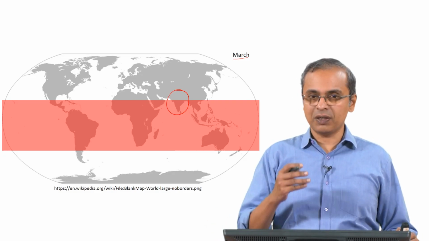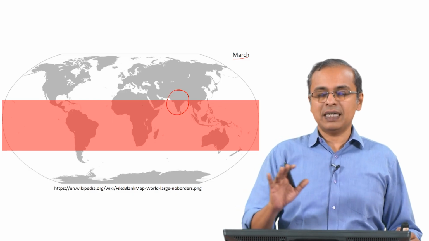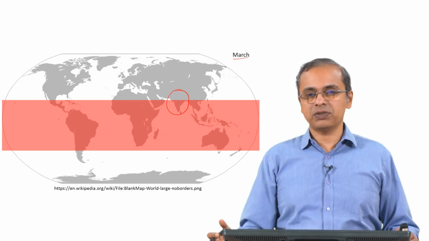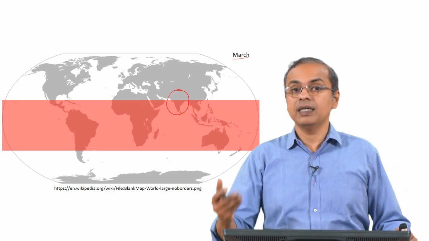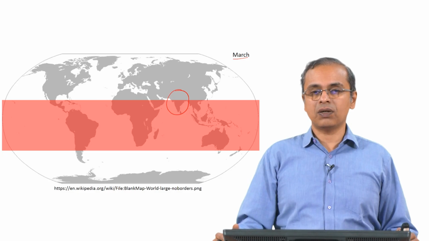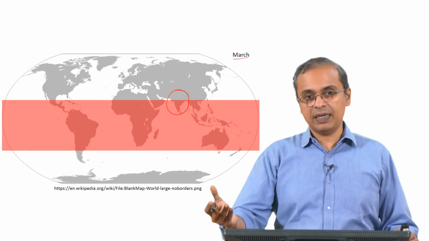In India, winters are quite strong in northern parts, quite severe at least by Indian standards. We do have places where temperature drops to 0 degrees C, even in our capital.